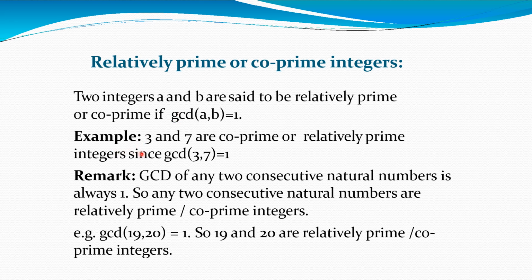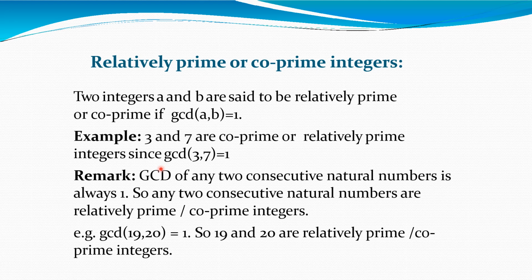For example, the two integers 3 and 7 are co-prime because GCD of 3 and 7 is 1. The divisors of 3 are 1 and 3, and the divisors of 7 are 1 and 7. So the only common divisor is 1. So GCD of 3 and 7 is 1. It means they are relatively prime or co-prime integers.